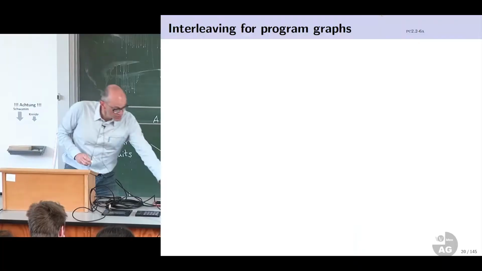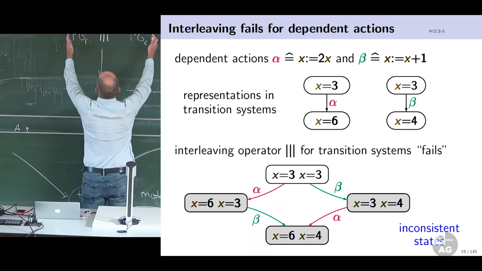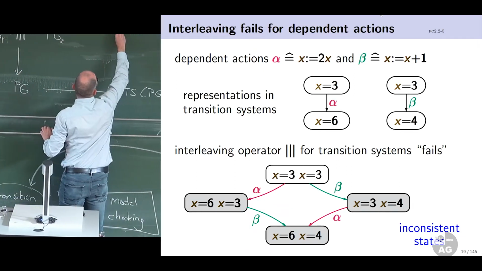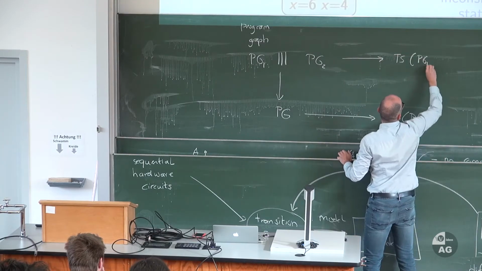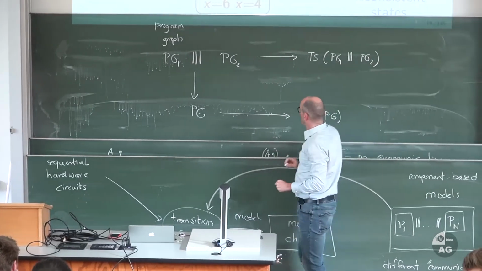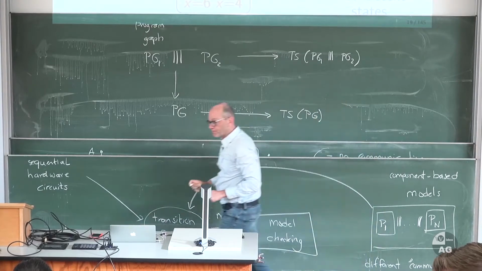What the previous slide is showing, what we also could have done, is define this as a transition system. So we could have built a transition system of PG1 parallel to PG2, and we're going to see that those two things will differ. It's not the same thing.